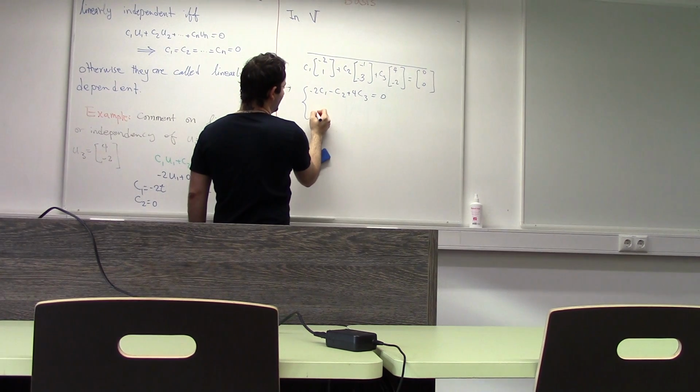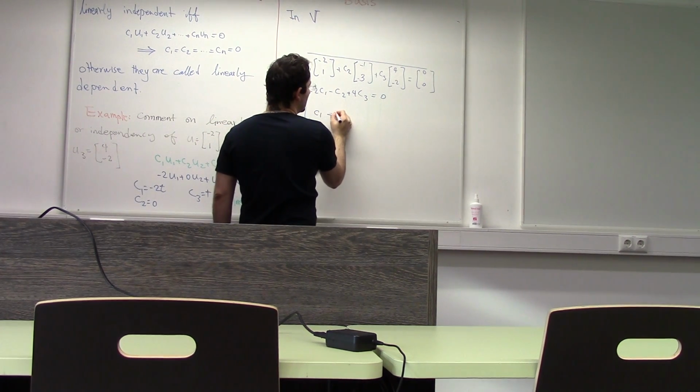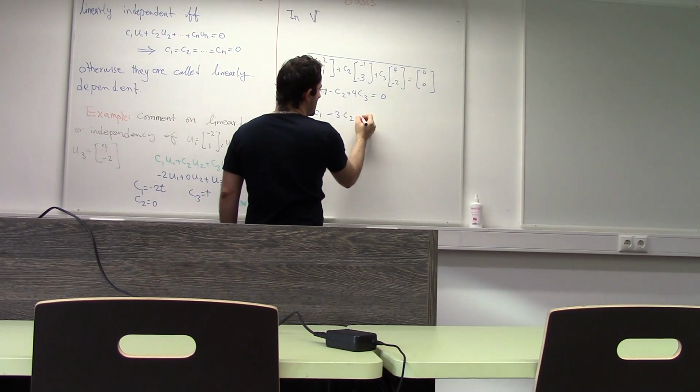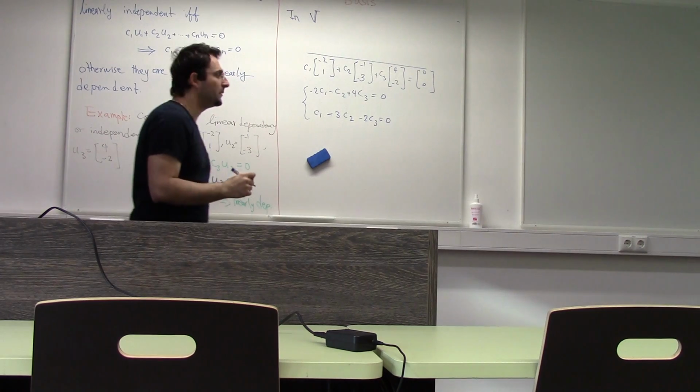Then we will have C1 minus 3 C2 minus 2 C3 is equal to 0, right?